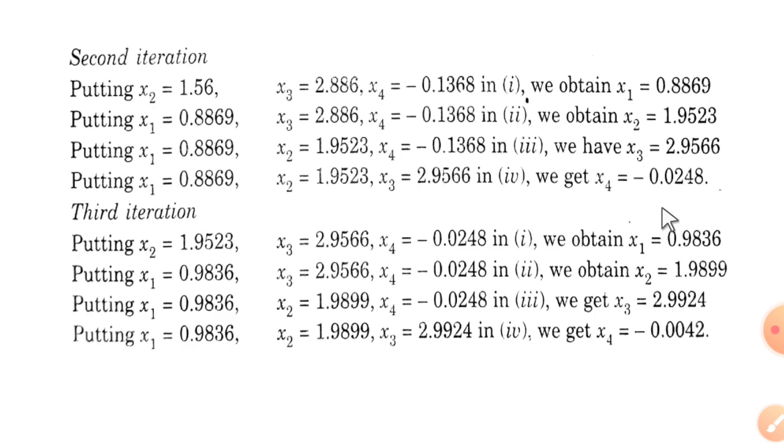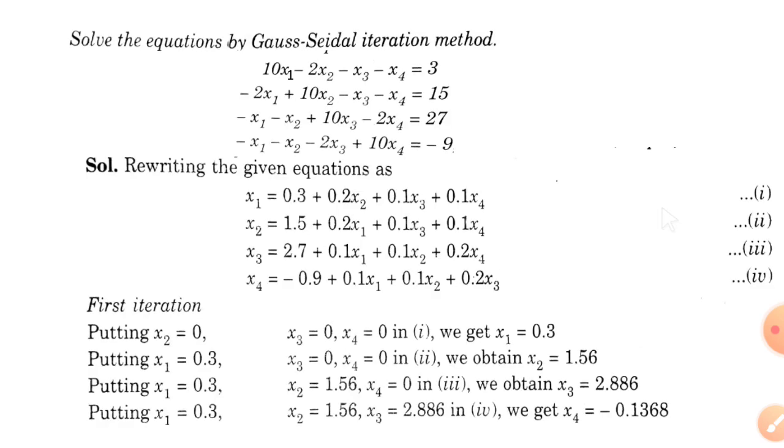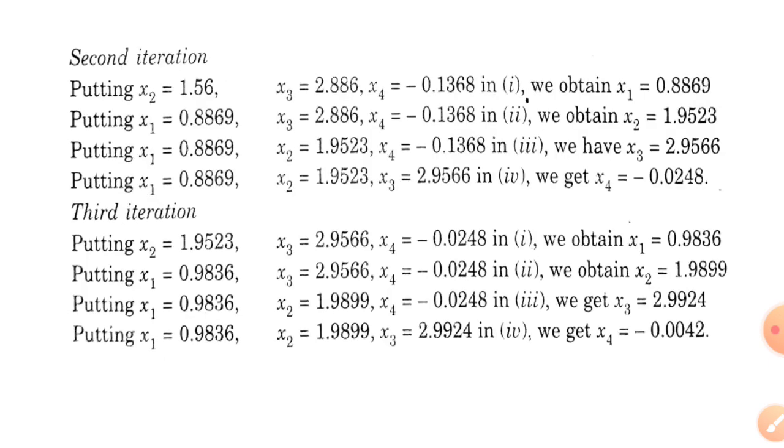Comparing the first and second iteration, there is a large difference in the values obtained. Hence we are going for the third iteration. In the third iteration we put x2 as 1.9523, x3 as 2.9566 and x4 as minus 0.0248.